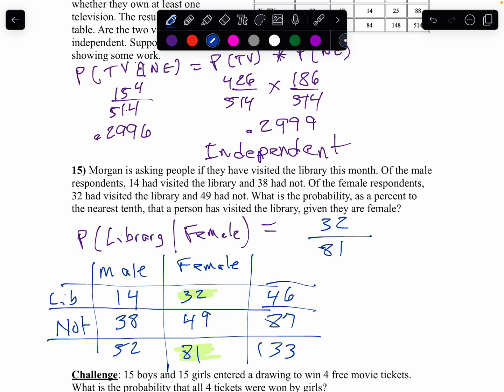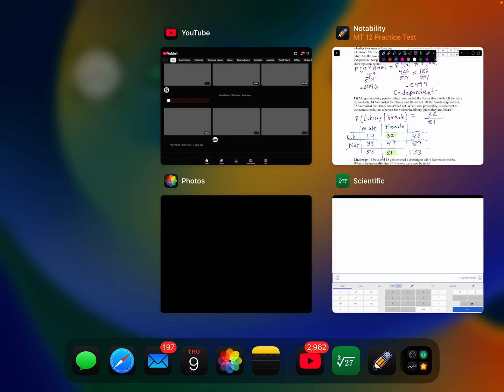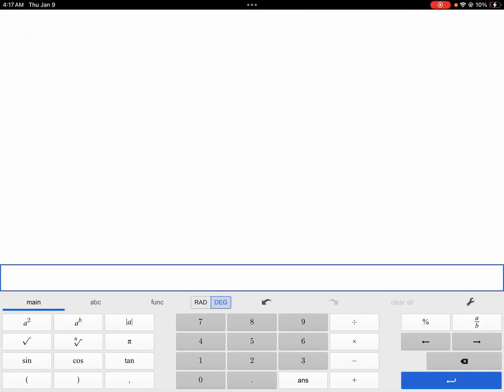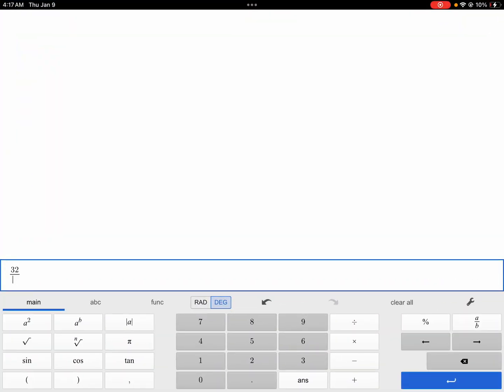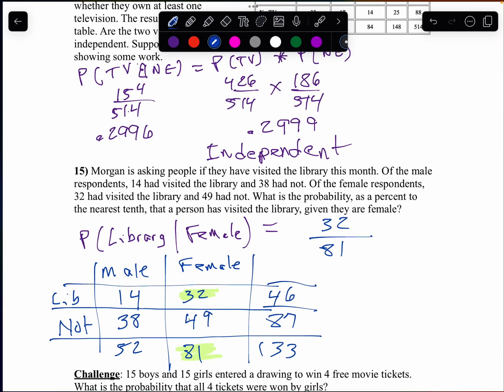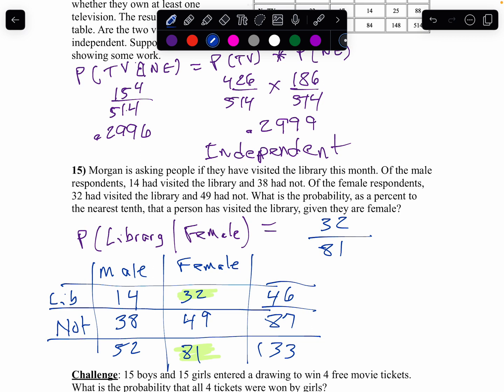And then I'm going to write that as a percent. So if I take 32 divided by 81, I'll get a decimal. You could just move the decimal place over 2 places, or you can multiply by 100. And we get 39.5%. Or we're going to say 40%. And there you have it for that one.